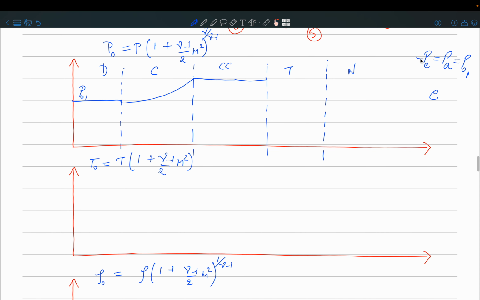And this is also going to be equal to P naught E. So then the stagnation pressure is going to come back to the same value as it was in the inlet condition. So in the turbine it reduces, and in the nozzle it remains the same.